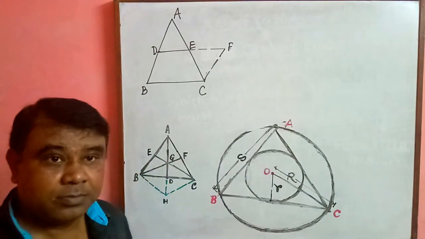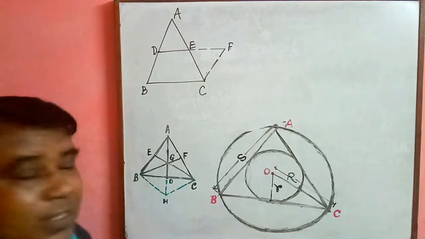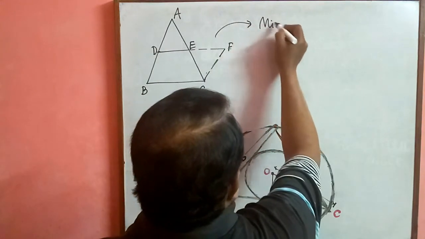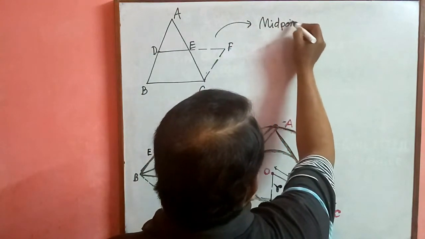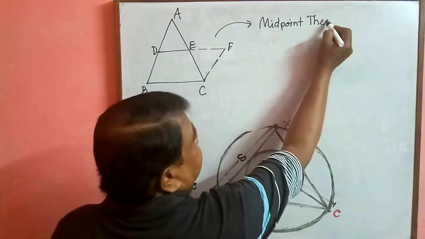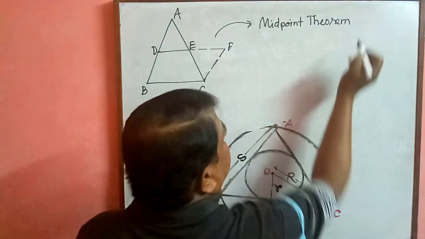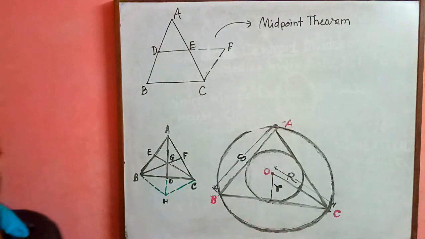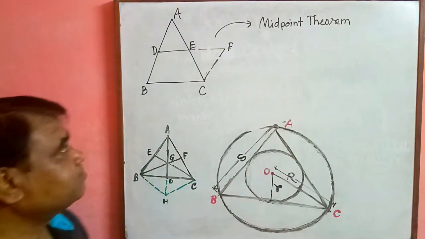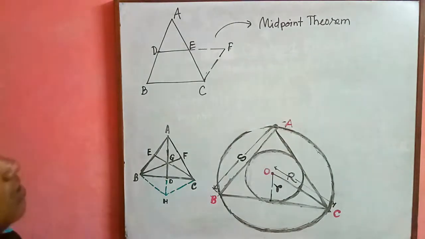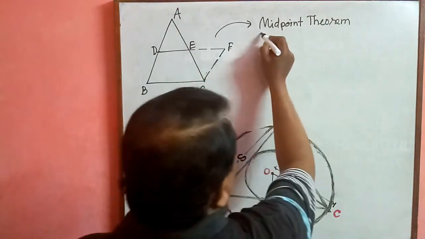Here I need a theorem that is known as the midpoint theorem, without which I cannot prove that a centroid divides a median in the ratio 2:1. Let me tell you what the midpoint theorem is.